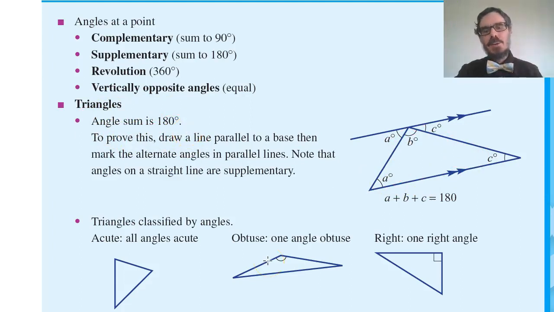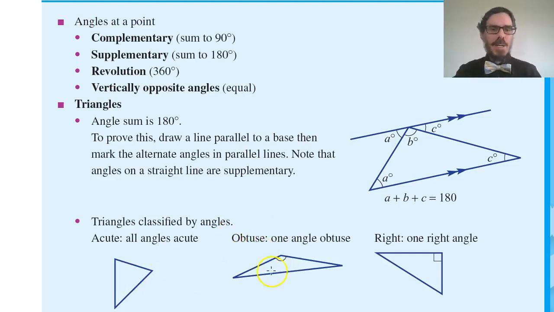Now I expect you do know how to name triangles. At least, I think you probably know these three names. If all three angles are acute, and acute means they're less than 90 degrees, then the triangle is acute. If there is one obtuse angle, one angle more than 90 degrees, then we say the triangle is obtuse.